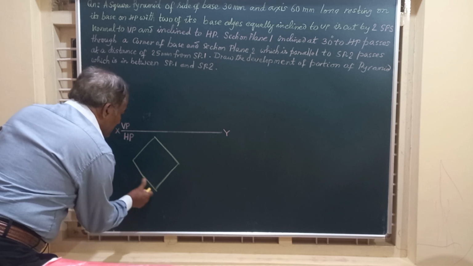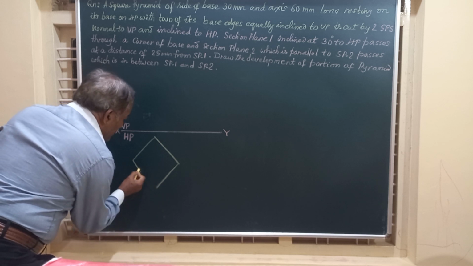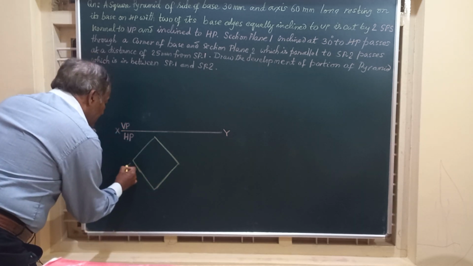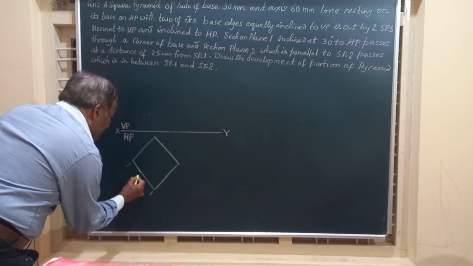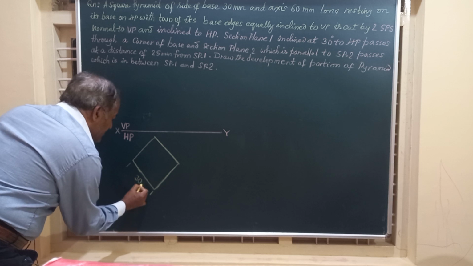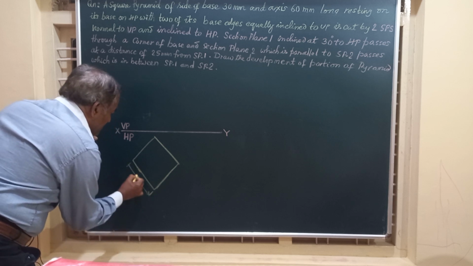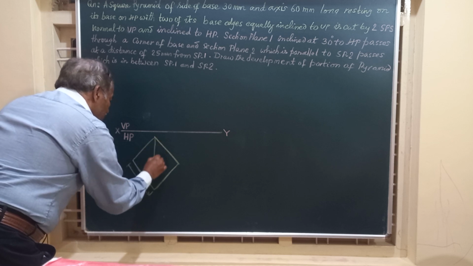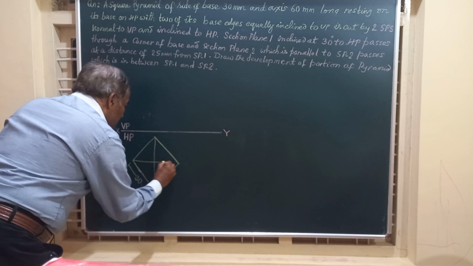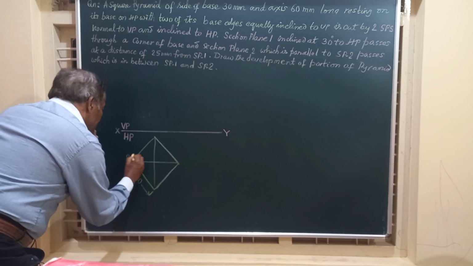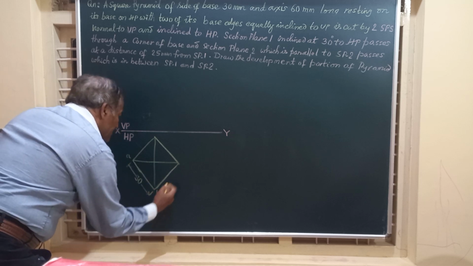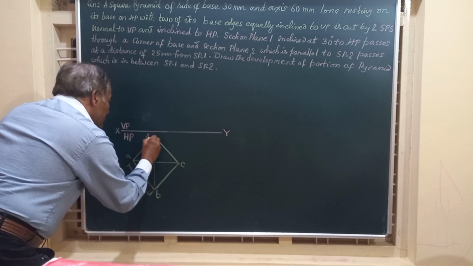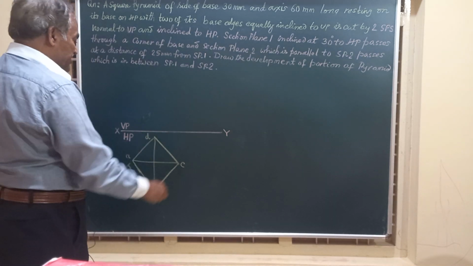This is the top view of the base of the pyramid, and all the four edges measure 30 millimeter. Let us join these diagonals to obtain O, the vertex. So this is A, this is B, this is C, and this is D. These are the four base edges.